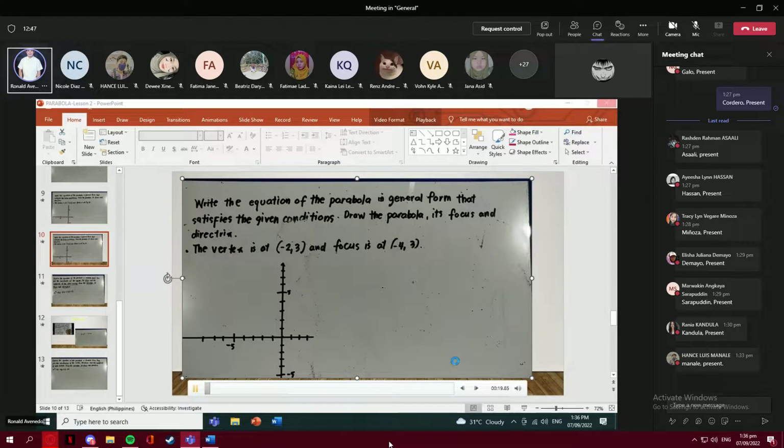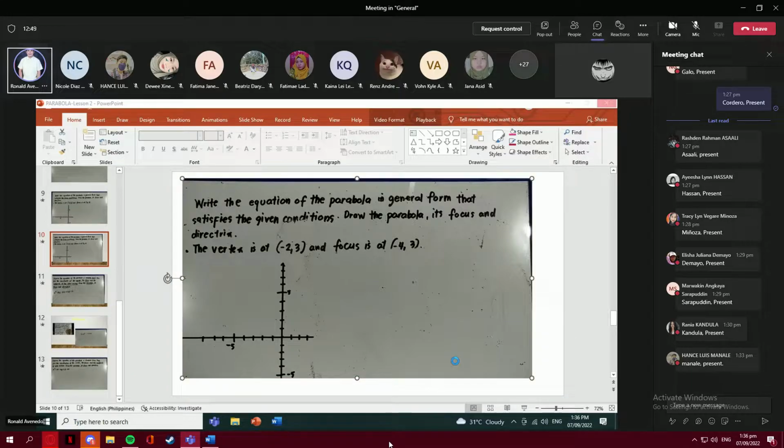You must master how to draw the Cartesian plane correctly, and do not do it hurriedly, because if it is not correctly done, then the entire graph would be wrong.